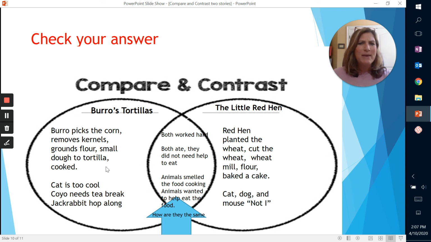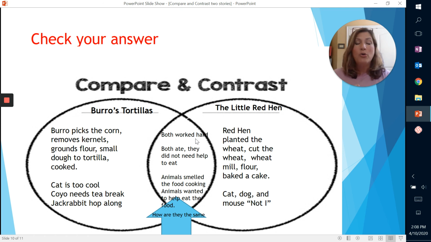They were always making excuses about why they couldn't help. And then in contrast, you had the Little Red Hen, and she planted the wheat and cut the wheat and went to the wheat mill and made the flour and baked a cake. So that's in contrast. One made a tortilla and the other one made a cake.